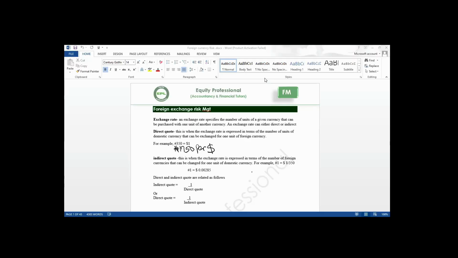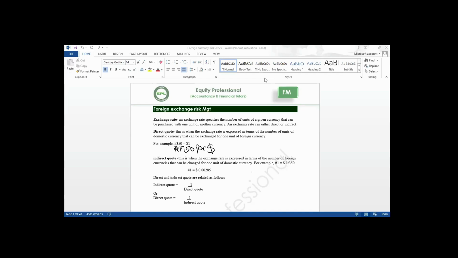For example, 1,000 naira to $1. Number of naira needed to buy 1 unit of dollar.